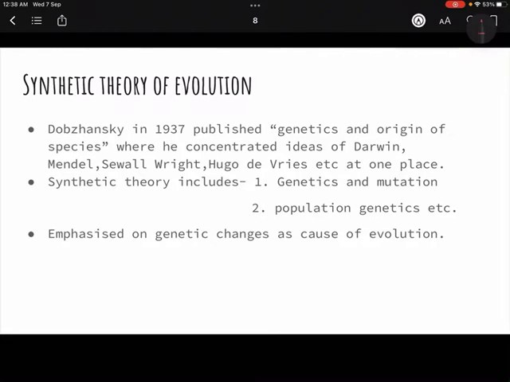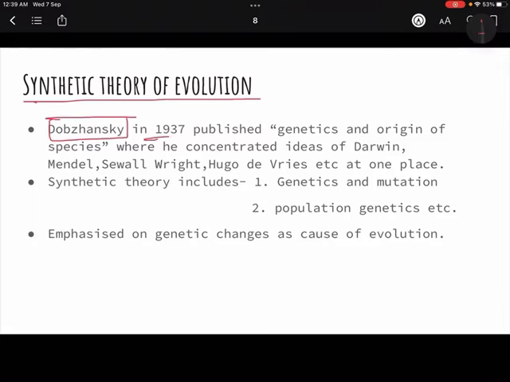So a new modern theory came up, which is known as the synthetic theory of evolution. This is called synthetic theory because it is a synthesis of many theories and works of many biologists and evolutionists, people who have done different works. This theory was compiled and published by Dobzhansky.